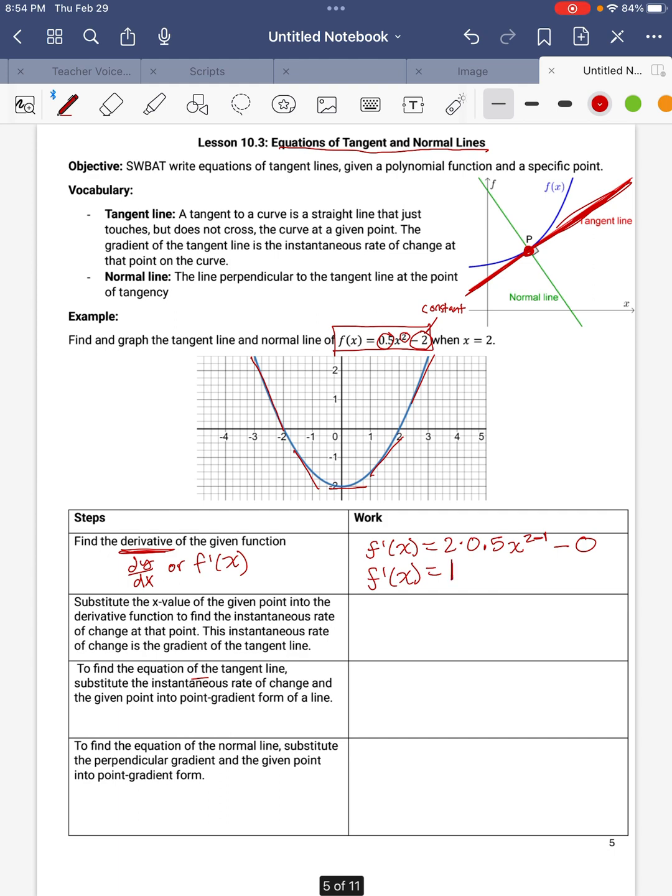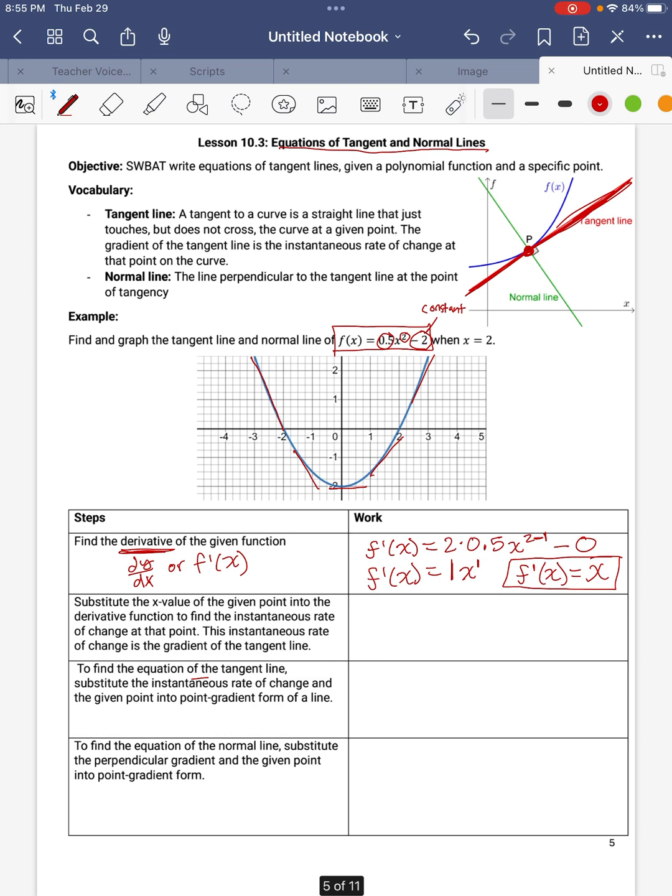So I have 1x, and then 2 minus 1 is 1. And then the minus 0, that basically doesn't change the value, so I don't even have to copy that down. Okay, I can simplify this even further because 1x to the power of 1 is just x. So this is my derivative of the function.